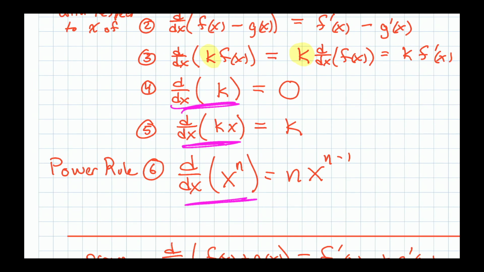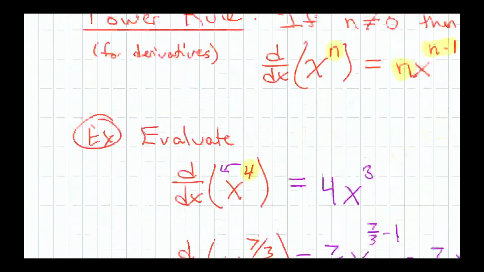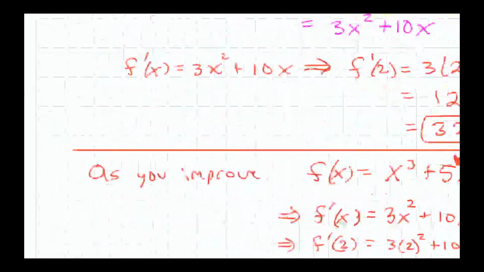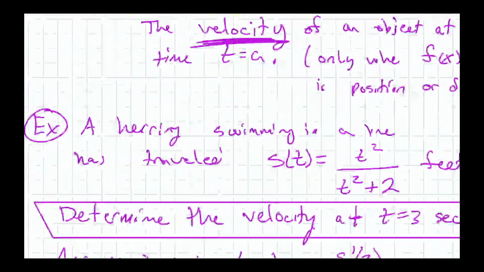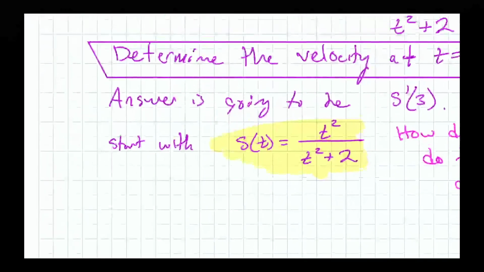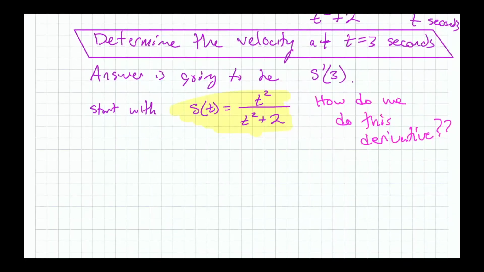We did not learn how to do the derivative of something like this. And recognizing that you don't know how to do that derivative is the key. You're supposed to look at that and go, we didn't learn that.